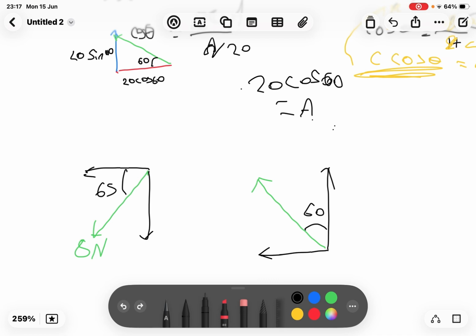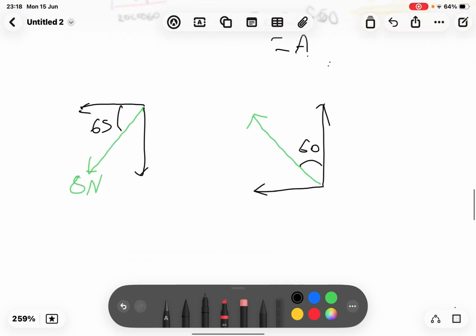However, no, because, how can I explain to you? Well, look, first of all, you might think you do 90 minus 60, which is 25.